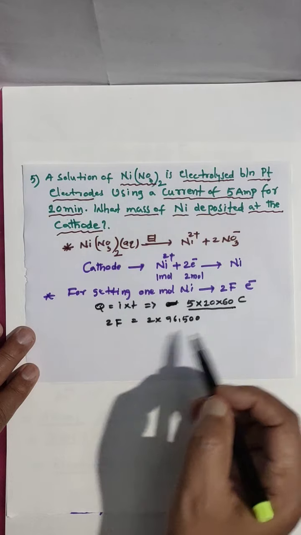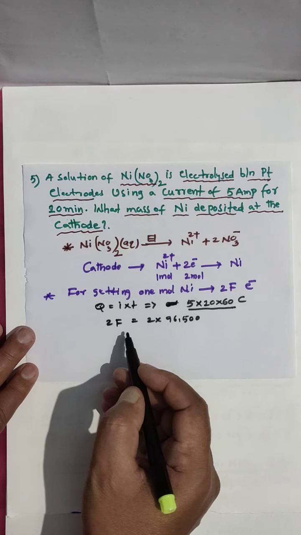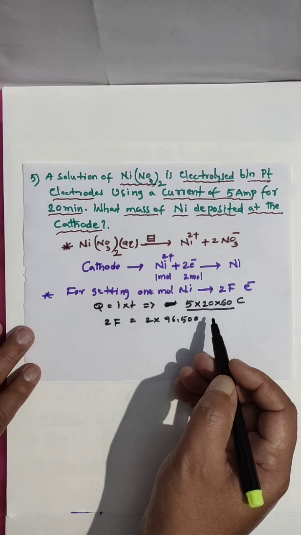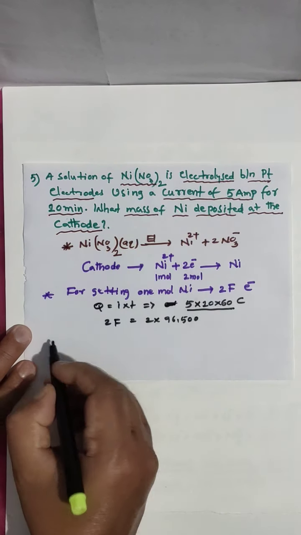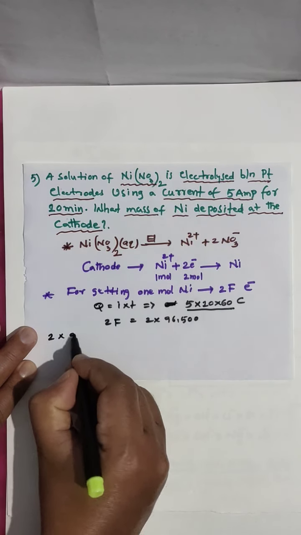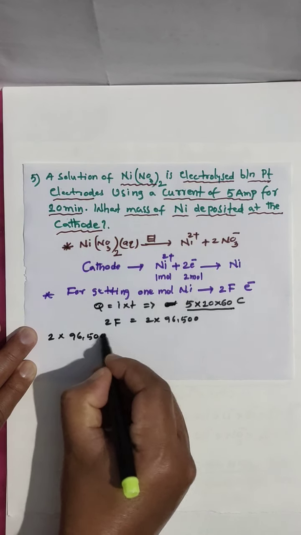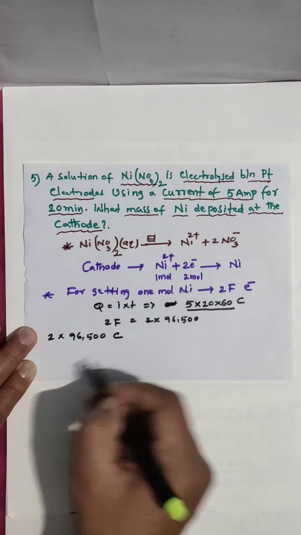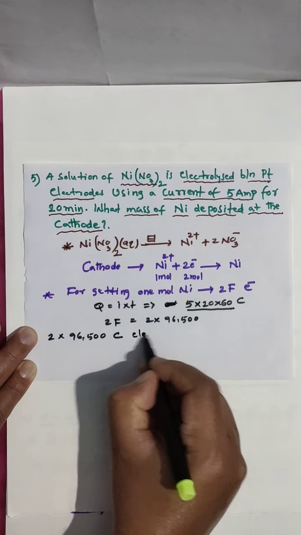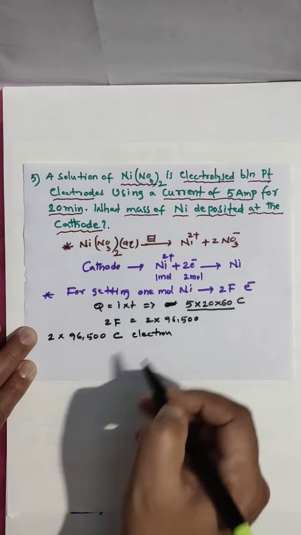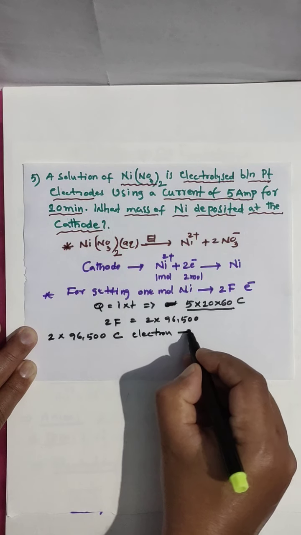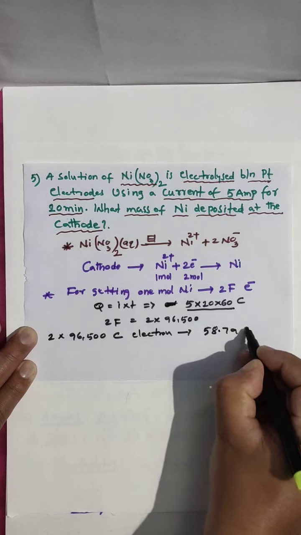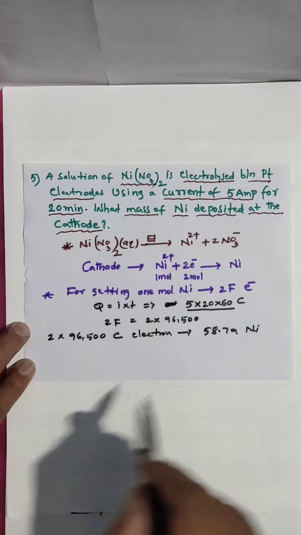For this much charge, how much do we need, they are asking, that means how much mass is going to be deposited. So 2 into 96,500 coulombs of electrons are needed to get 58.7 grams of nickel. Clear?